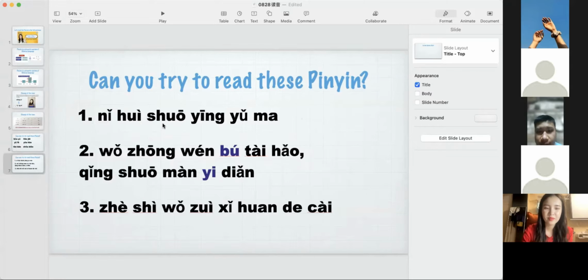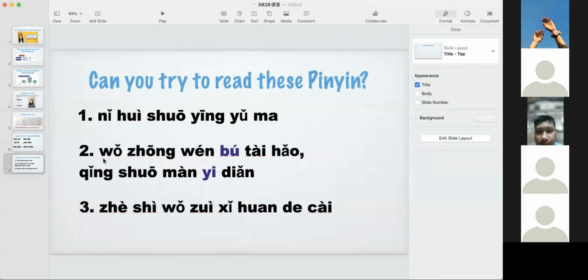你会说英语吗? Yes. 你会说英语吗? Can you speak English? I didn't put any character or meaning after this because this class will only focus on the pronunciation. Okay, second. 我中文不太好, okay, hold on.